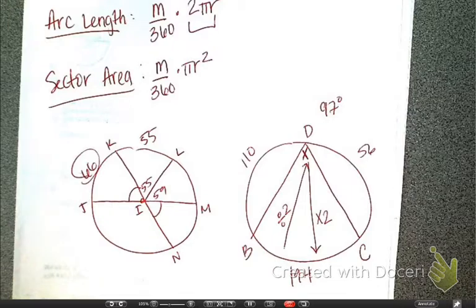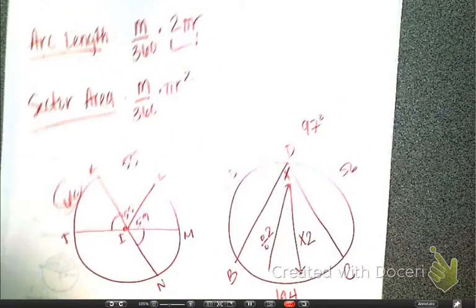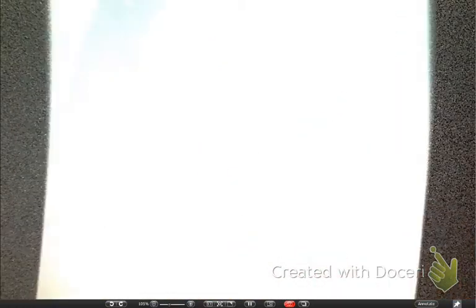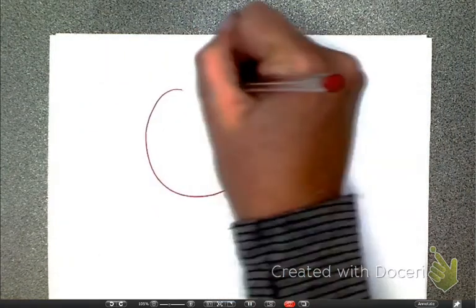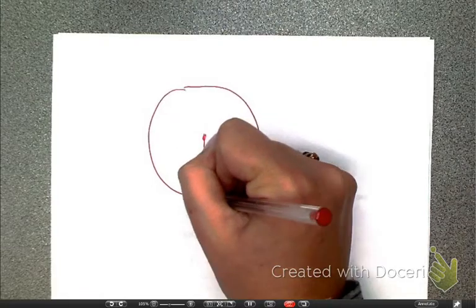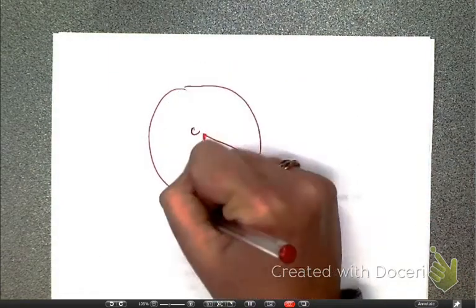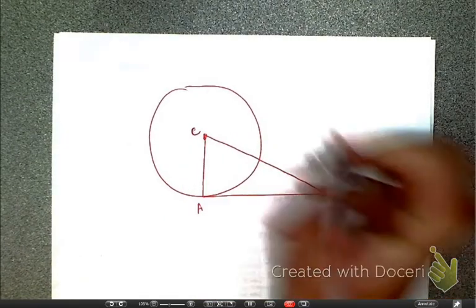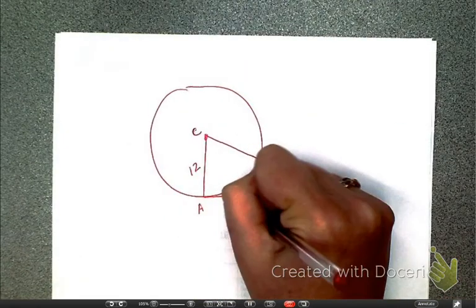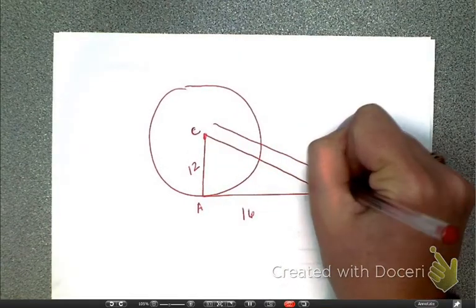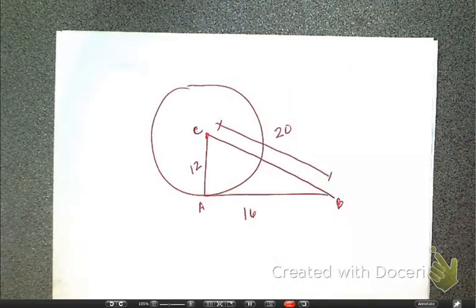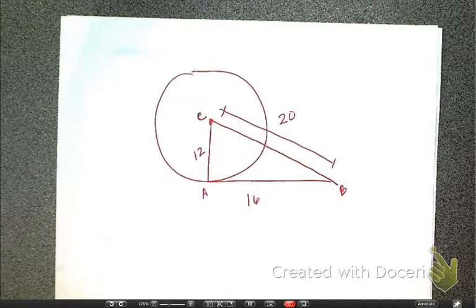Yes? Okay, last thing for today. If one of these lines was tangent to the circle, which line would it be?